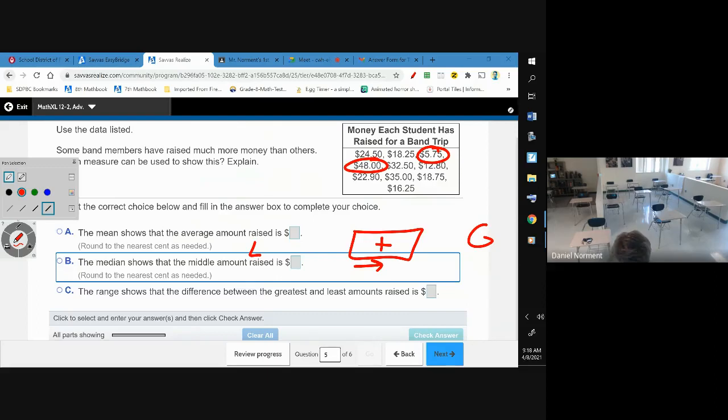You have to add them and then divide by 2. So when you find the median, you're going to have to add the 2 middle numbers and divide by 2. Okay? And then the range: largest minus smallest. This number minus this number. You better be able to subtract decimals. Last question.